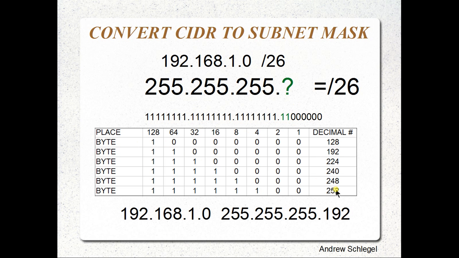remember before when I said 256 is the highest number you can have here? Well, if I have 252 for the networks, then what's left? 256 minus 252 is 4. So that means 4 is all that's left. But I have to save my lowest one for a network address, and I have to save my highest one for the broadcast address. So this /30 actually only gives me 2 IP addresses, which is what we were looking at, and that's just a link between 2 routers, which is where you're usually going to use that.